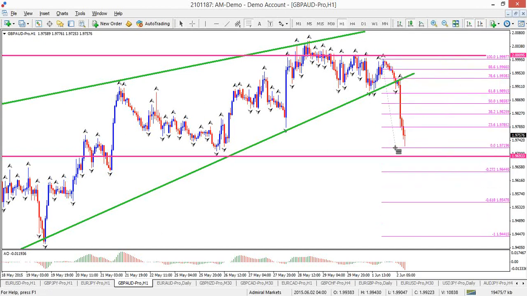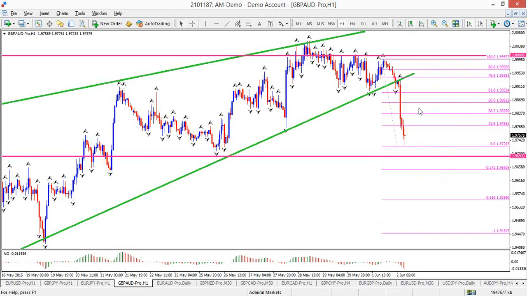But I think if I put a fib on here like this, that a bear flag or either a correction to these fibs down to the minus 618, I think is a pretty good probability.